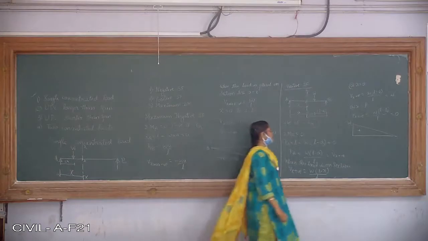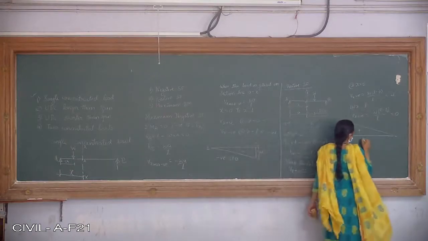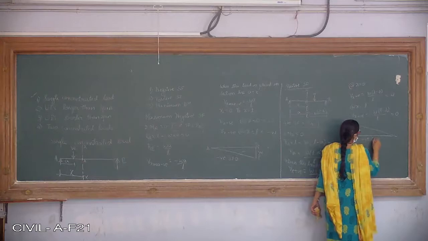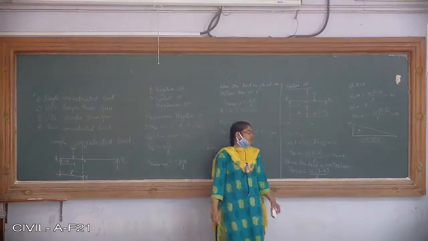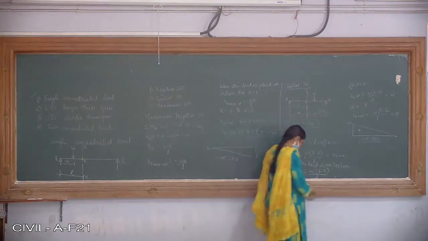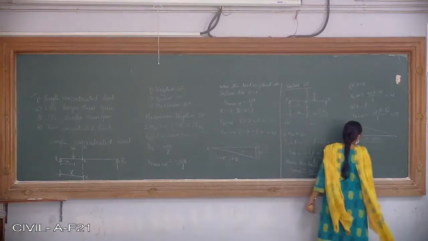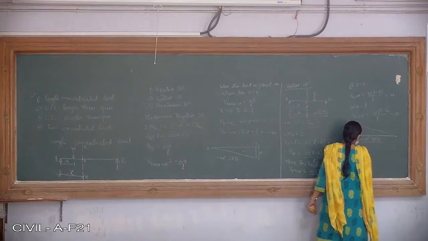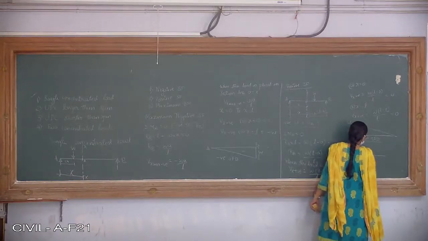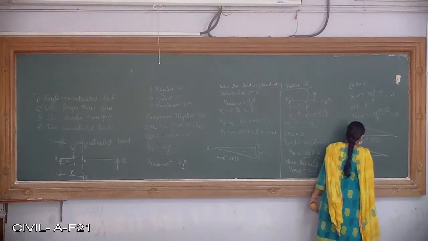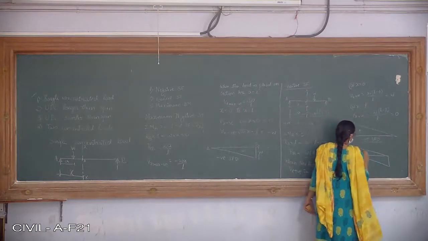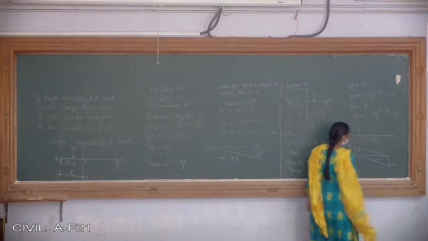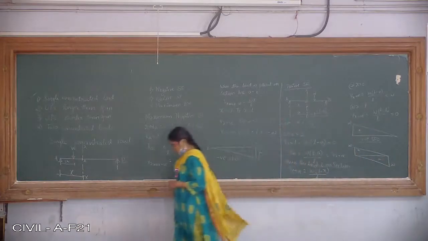So combined shear force diagram you can draw. This is positive SFD. Okay, is that clear? Next, if I have to draw the combined shear force diagram, it's going to be like this, plus W, minus W. Okay, this will be the combined shear force diagram.